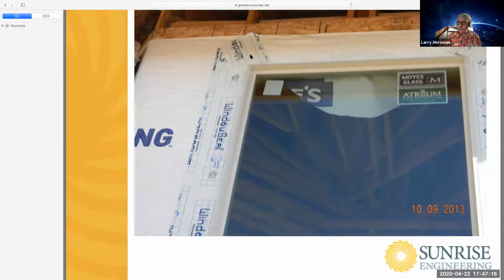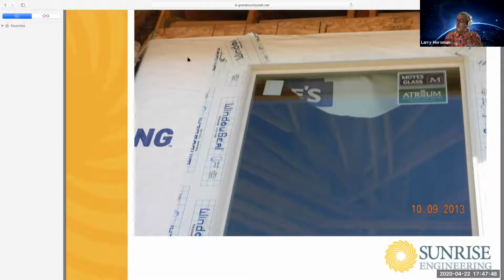That means you usually, on many of them, have to build a pan underneath the window so that if the window leaks around the edges, there's a pan at the bottom that can be made out of flashing that will intercept the water and keep it from getting inside the house. And so that may increase your installation cost quite a bit more than what you'd really planned on if you haven't paid attention.